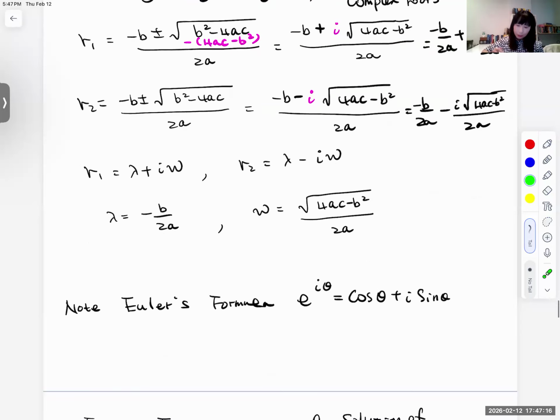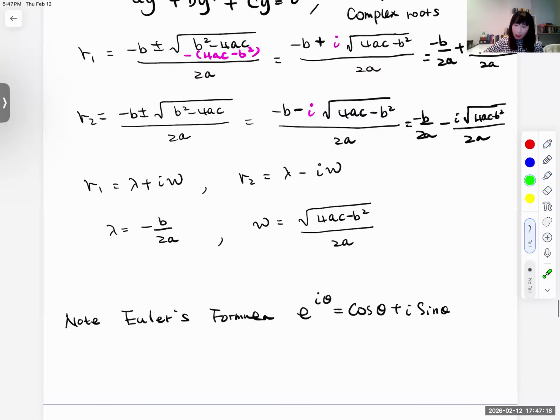Okay, now we can express it in a nice way. The first solution r sub 1 we can express as lambda plus i omega. This is what we did earlier, right? In the beginning.